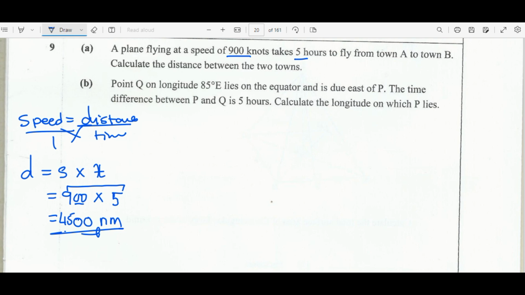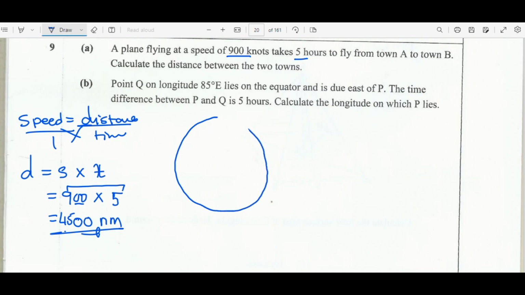Now for question B: point Q on longitude 85 degrees east lies on the equator and is due east of P. The time difference between P and Q is 5 hours. Calculate the longitude on which P lies. So let's come up with a visual diagram.